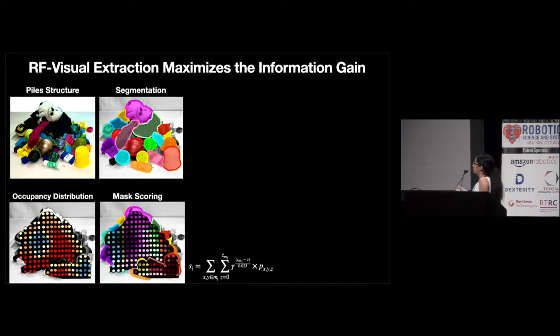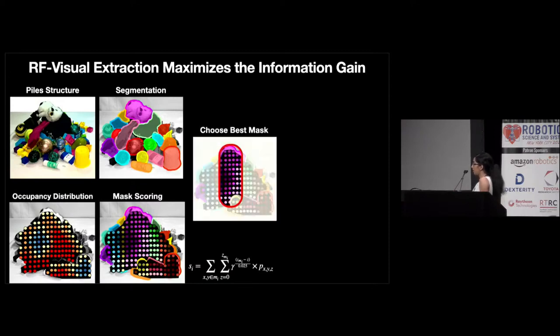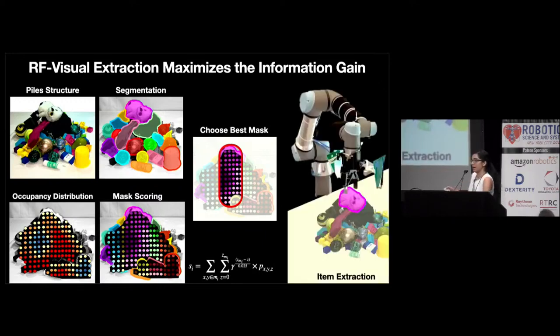So the robot fuses this segmentation and occupancy distribution to give each of the items on the surface of the pile a mask score. And then it uses the mask that maximizes the information gain if we remove that item. After it chooses the best mask, the robot goes and tries to grasp the item that has this mask. And it keeps repeating this until it sees the item of interest and successfully removes it.